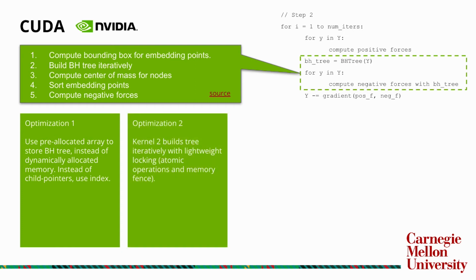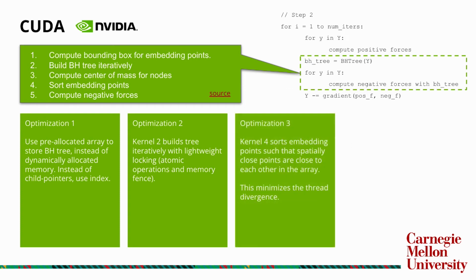Second, kernel 2 builds the Barnes-Hut tree iteratively with lightweight locking, implemented using atomic operations and memory fences instead of something like a mutex. Third, kernel 4 sorts embedding points such that spatially close points are close to each other in the array. This minimizes thread divergence and improves the performance of kernel 5, which actually traverses the tree to compute negative forces.